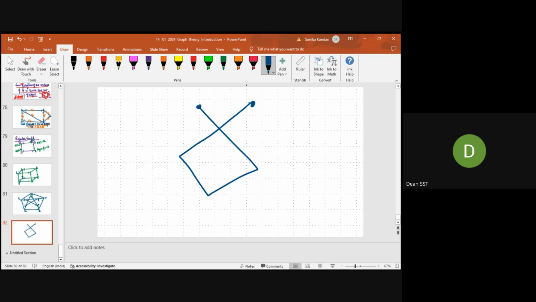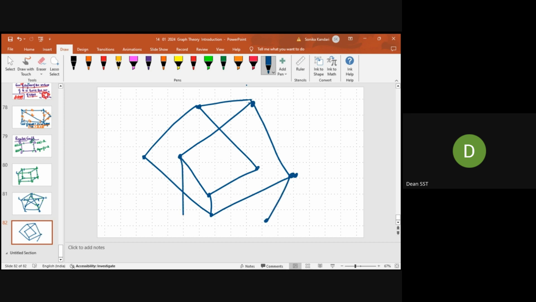So let me take this example. Tell me whether this is a regular graph or not.